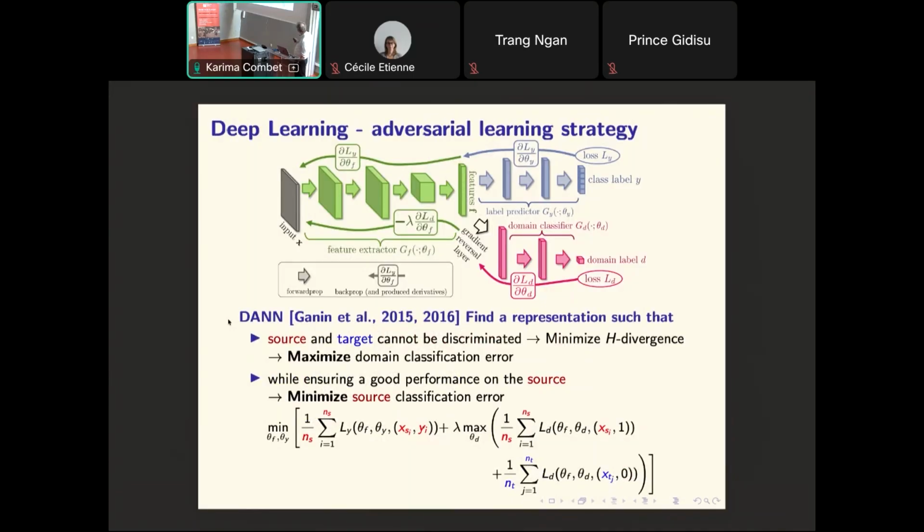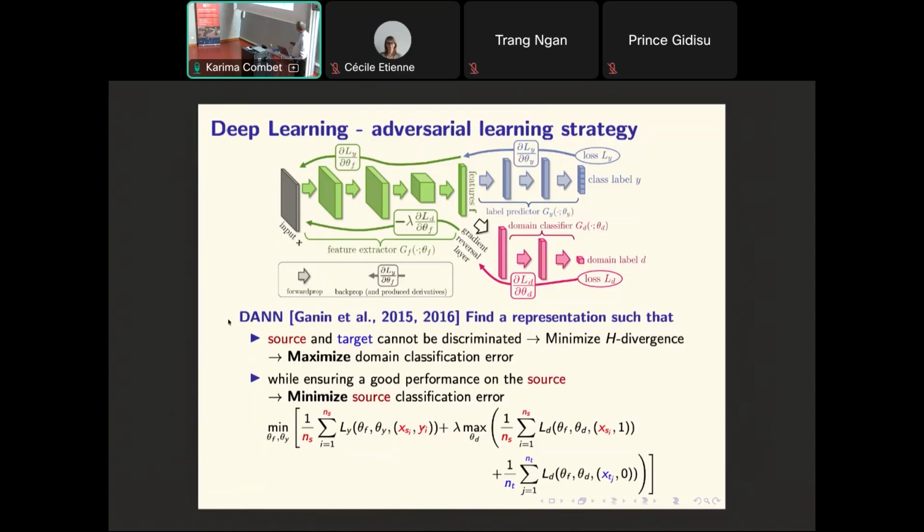So we define a new task, source is positive, target is negative, and we check if we're able to separate these two domains. If it's the case, we penalize, so we try to maximize the error of identifying the two domains, while ensuring that the features are good enough to classify correctly the labels from the source task.